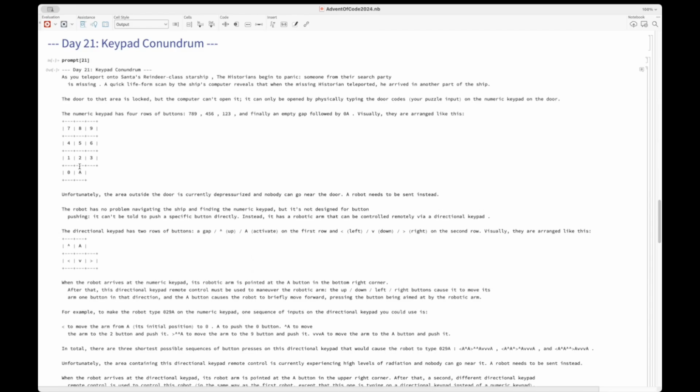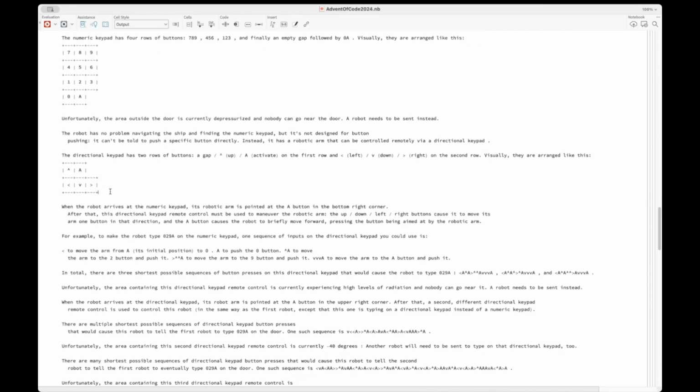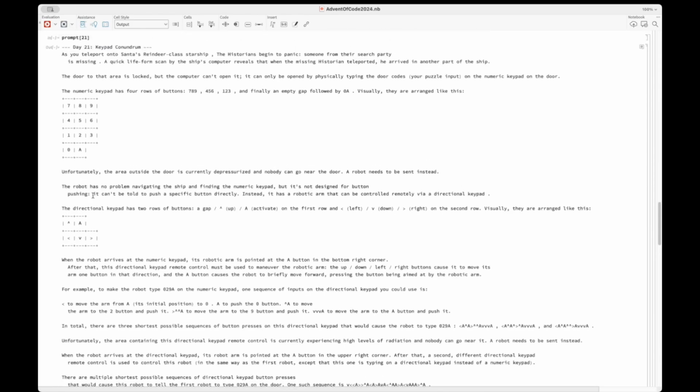So it only moves up, left, right, and the A means press the button. So you basically have this numpad controlled by another robot that presses this numpad, and you actually have another one controlling this one, and you have a chain of robots controlling each other. So as a solver, you have one directional pad like this.